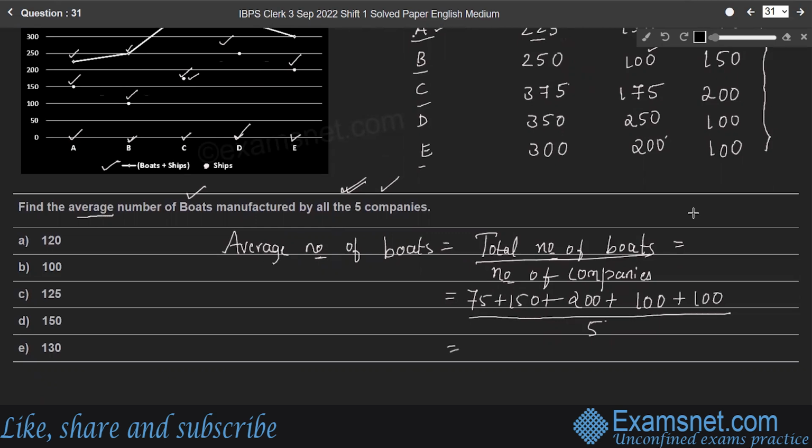The numerator is equal to 625: 100 plus 100 is 200, plus 200 is 400, plus 150 is 550, plus 75 is 625. Divided by 5, which is 125. Therefore, the average number of boats is 125. Hence, option C is the right answer.